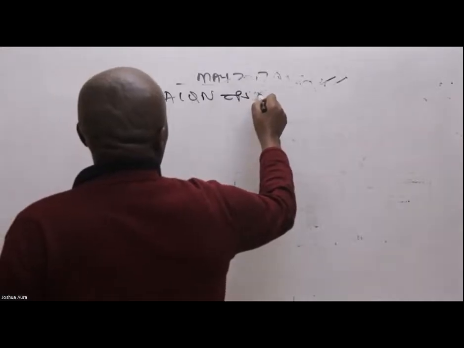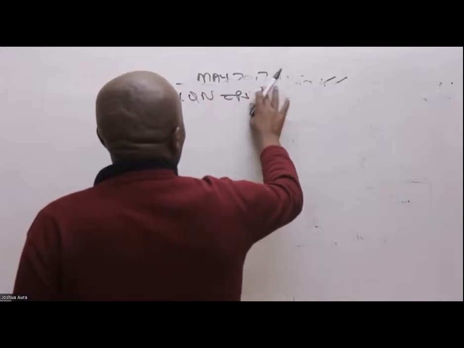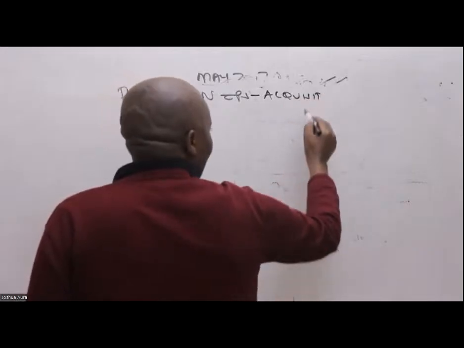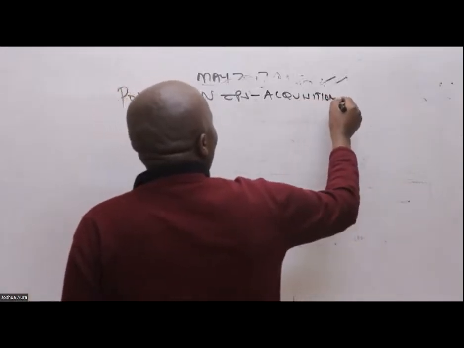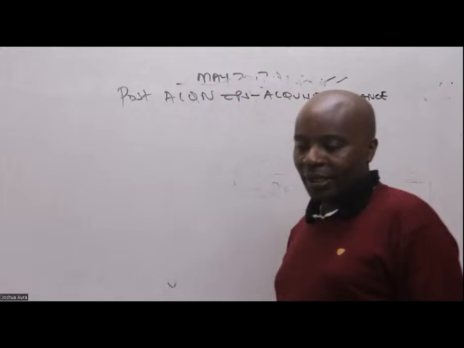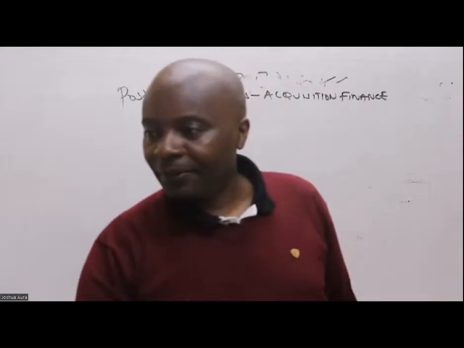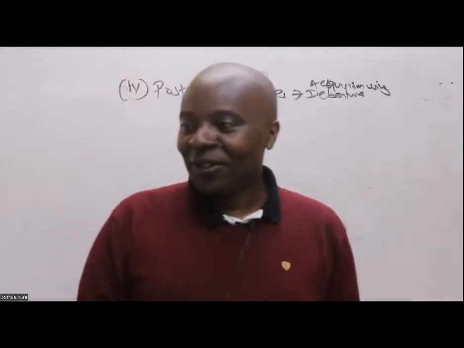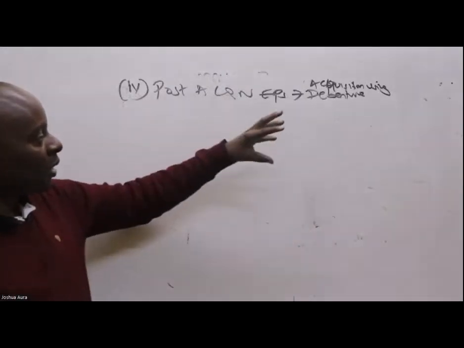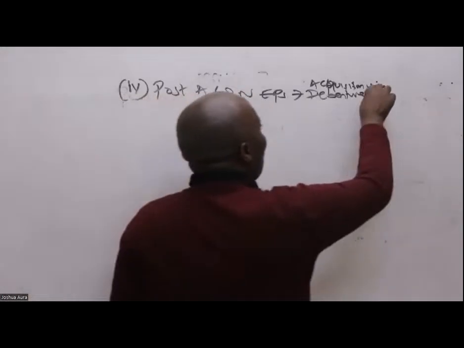Now we're looking at Roman 4. They want us to give them post-acquisition earnings per share when we have acquired this targeted company using a loan.